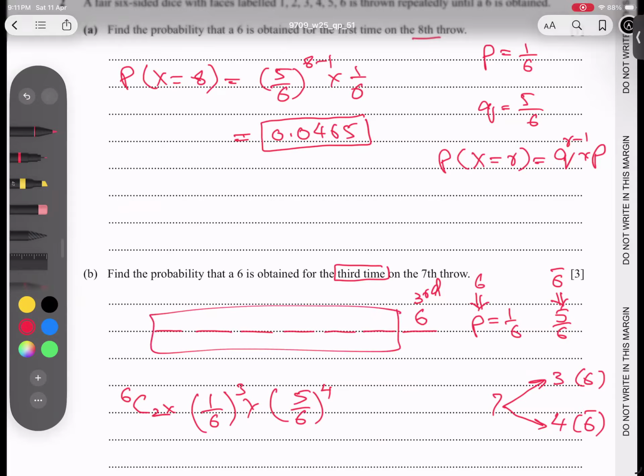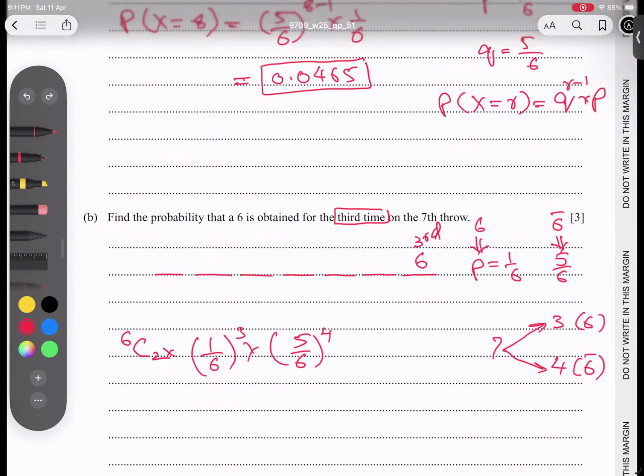And why can't I write 6P2? Because they are the same 6's, order we cannot say. How do you know which 6 is coming first time and second time? So order does not matter in this sense. That is why I wrote 6C2, not 6P2, because some student may ask, sir, why are you writing 6C2, why not 6P2?